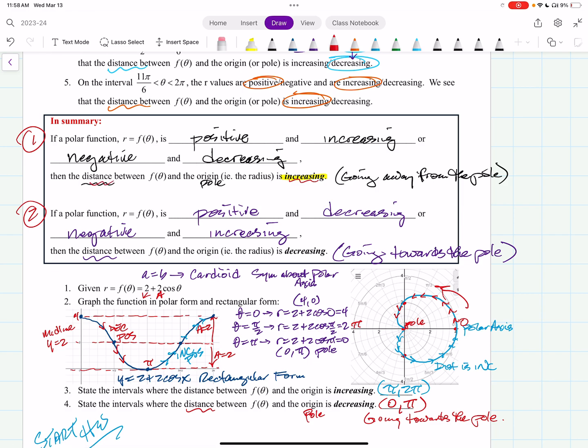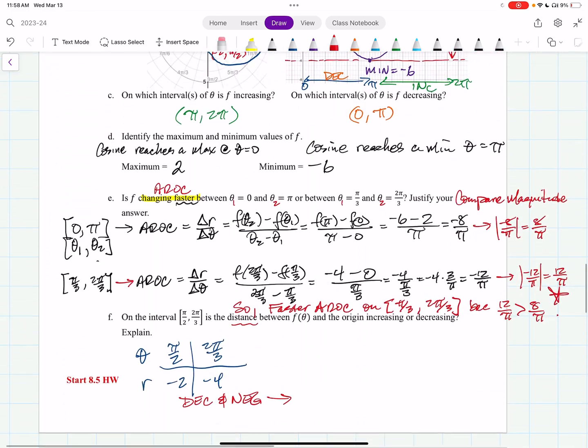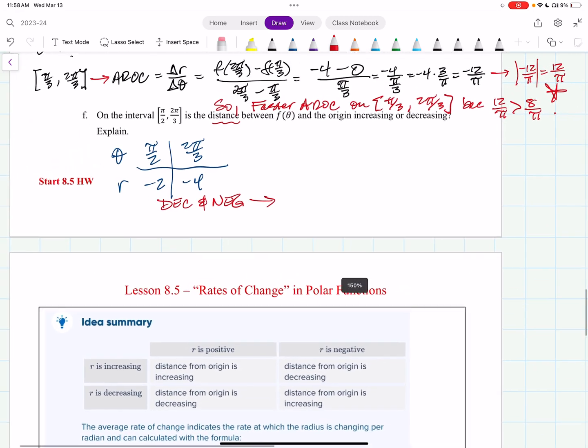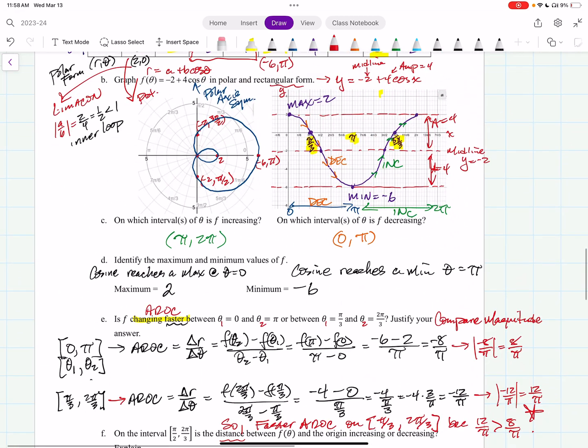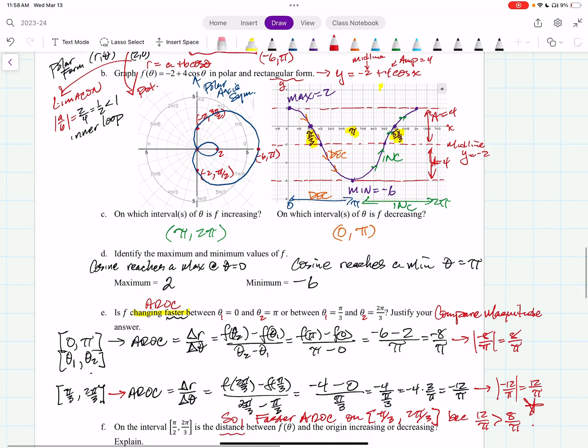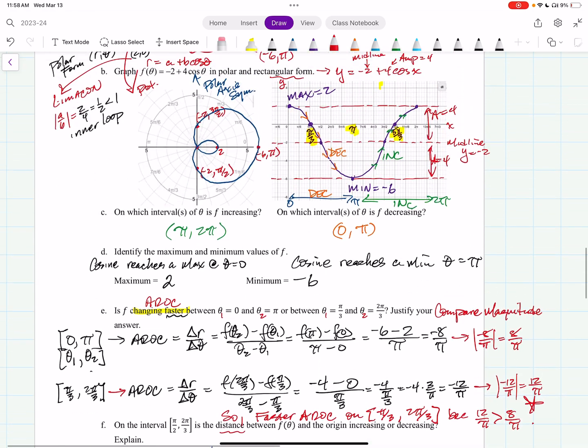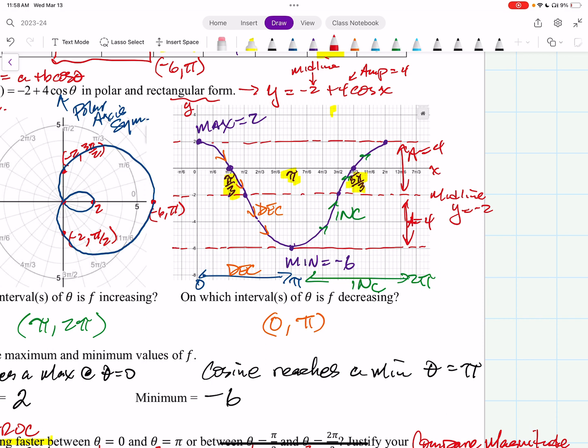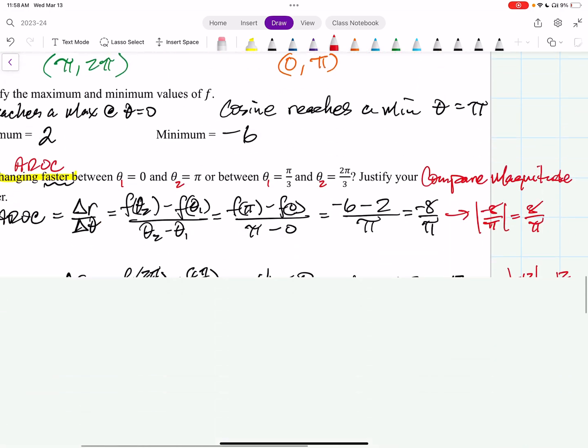So if the signs are the same, the distance is increasing, which means you're going away from the pole. You could even see it in the graph. In the interval from pi halves to 2/3 pi, it's decreasing and it's negative because it's below the axis. So it's decreasing and negative, so you've got to be going further away from the pole.